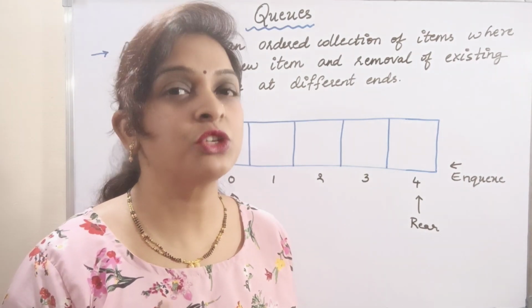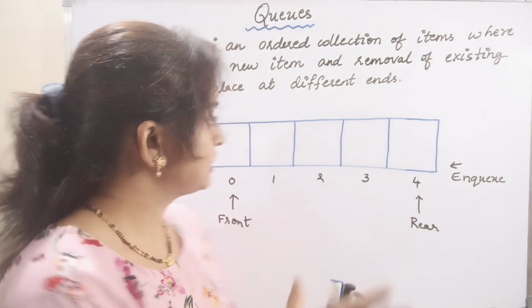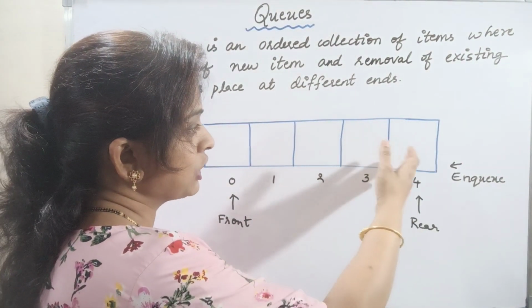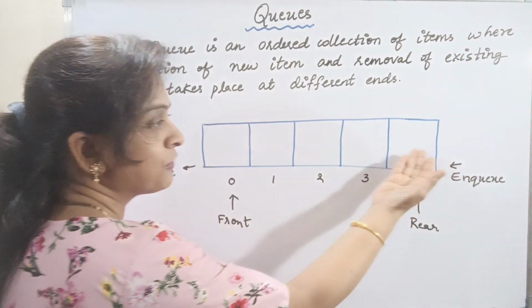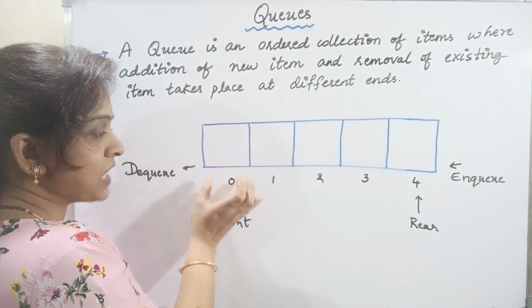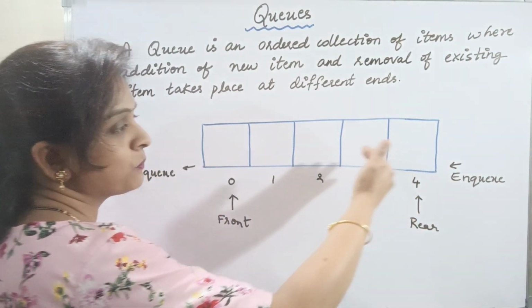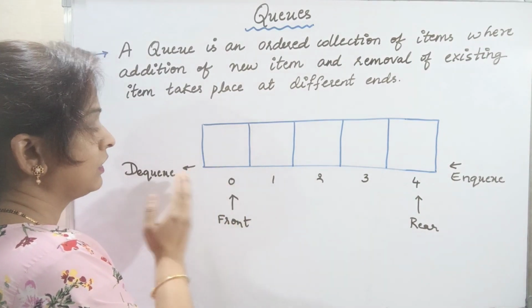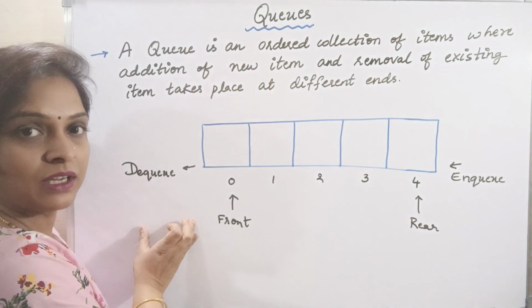The name itself tells you: queue. Just imagine you are standing in a queue. You enter from the rear end, and you move forward and stand in the first position. Just imagine you have a ticket counter.